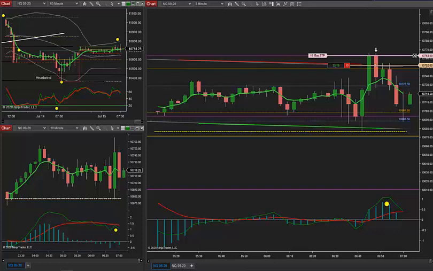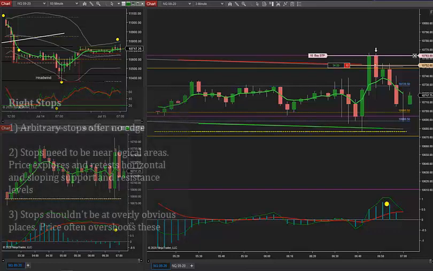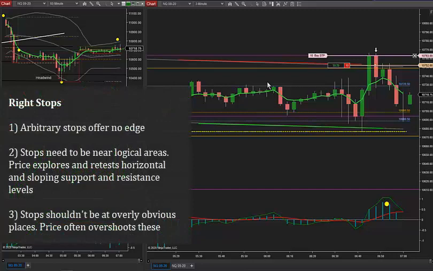And then I want the right stops, and I've kind of alluded to that earlier. I was able to have the right entry and make the right stop. I don't want a stop that's going to be 40, 50 points away. I prefer 20 or less. And to get that, it's really hard. You have to be patient and wait for your setup. You have to be very strategic in your entry.